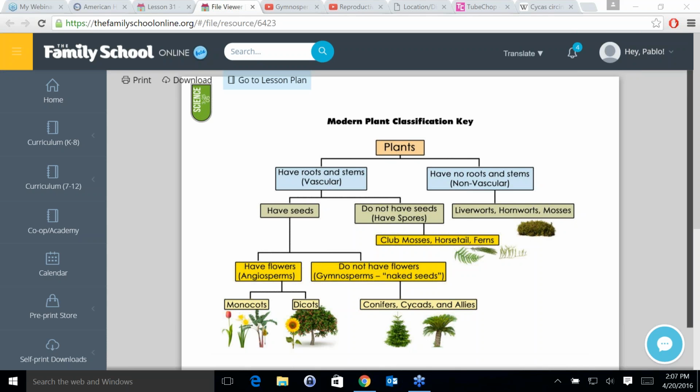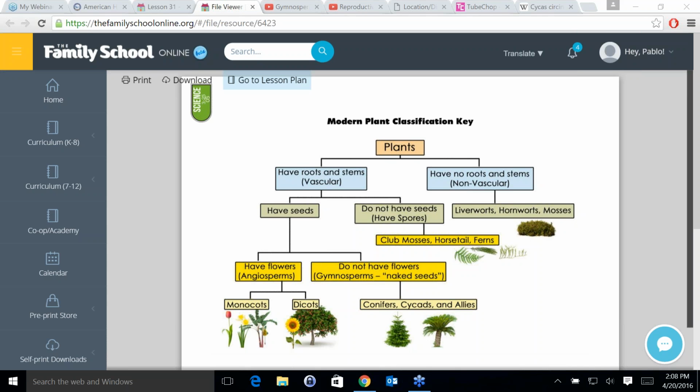Patrick here says that vascular has xylem and phloem. So remember that we were talking about the different tissues of plants, and Anna also says vascular plants have xylem and phloem. Yes, okay.